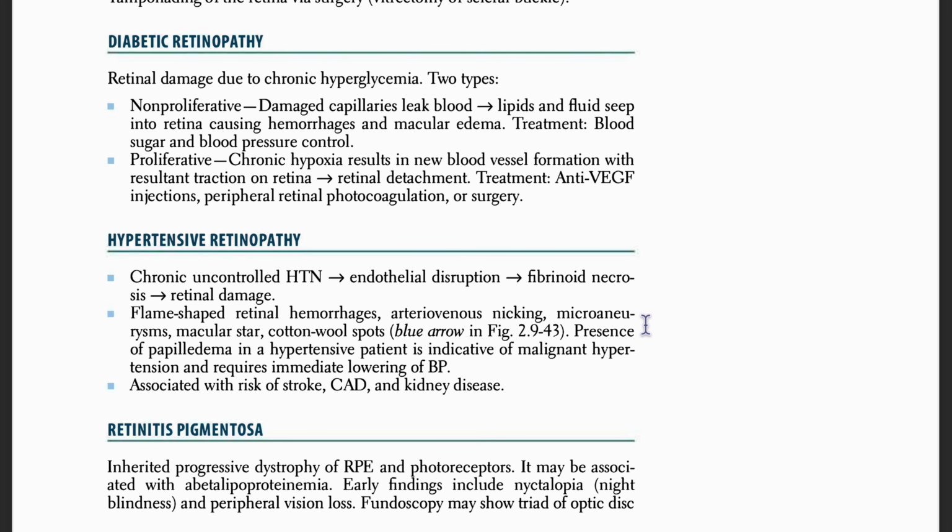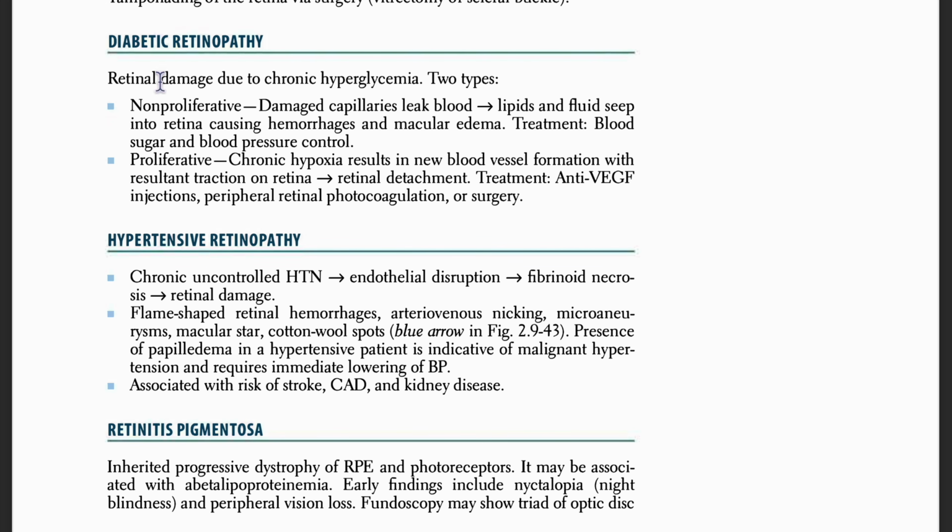Treatment here is blood sugar and blood pressure control. Proliferative: chronic hypoxia results in new blood vessel formation with resultant traction on the retina, which leads to retinal detachment. Treatment here is anti-VEGF injections, peripheral retinal photocoagulation, or surgery.